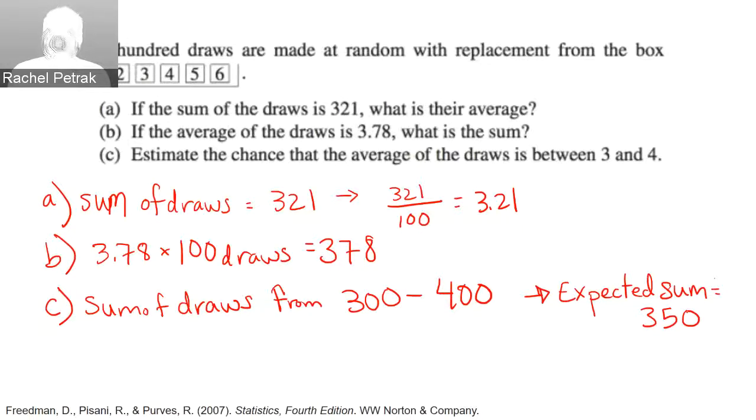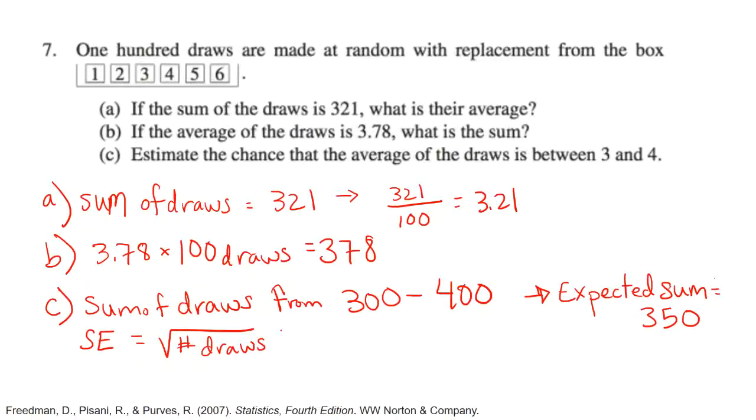So the next thing we need to know to finish out this problem, in addition to the expected value, is of course the standard error, because the standard error and the expected value always go together. And the standard error is going to be equal to the square root of the number of draws times the standard deviation. Could we find the standard deviation? Yes, of course, we can get the standard deviation of this box.